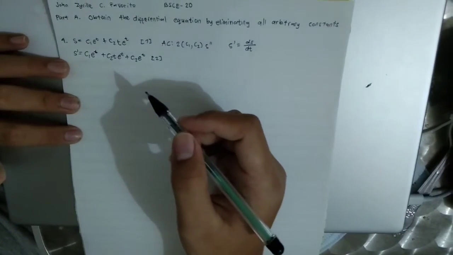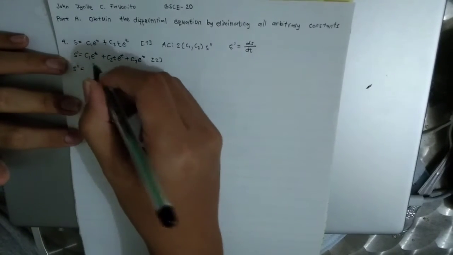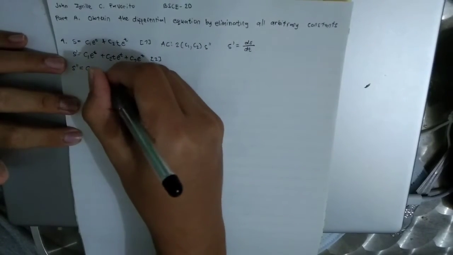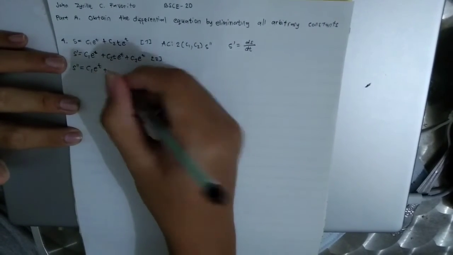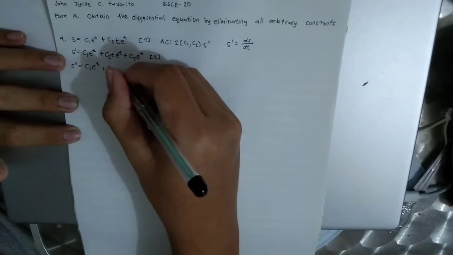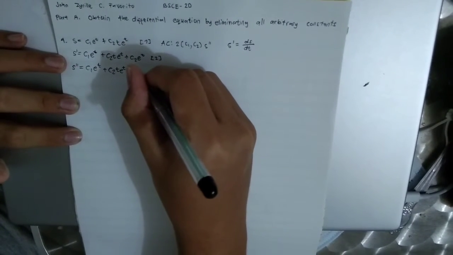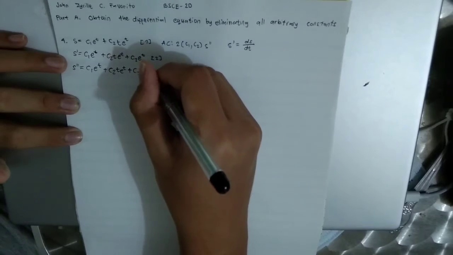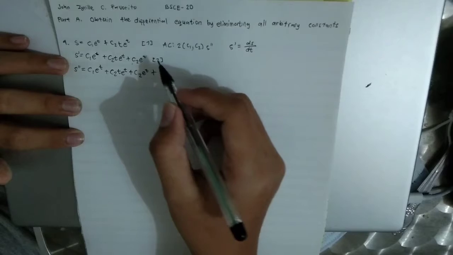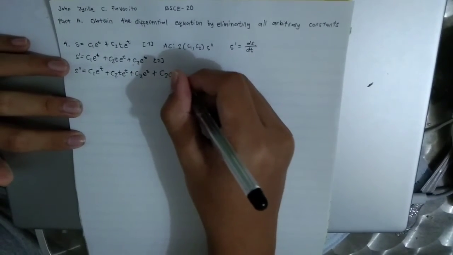And the next step is to find the second derivative. So this will be s double prime. Derivative of this term is c sub 1 e raised to t, plus derivative of this equal to this, plus the derivative of the last term of our second equation is equal to this.